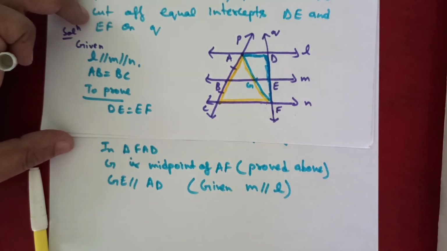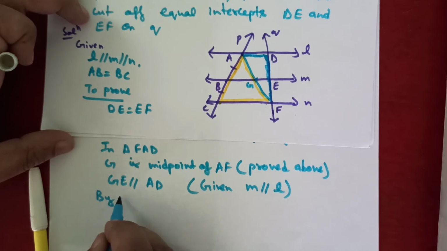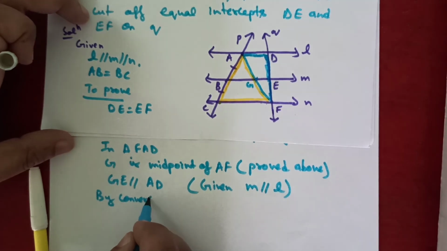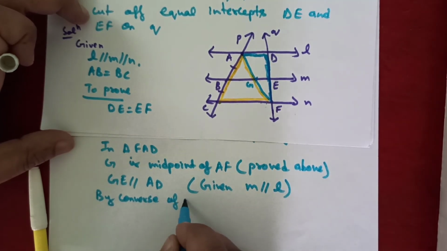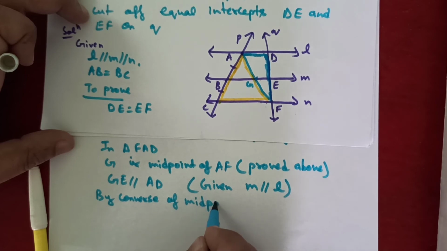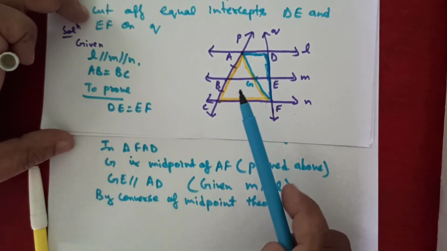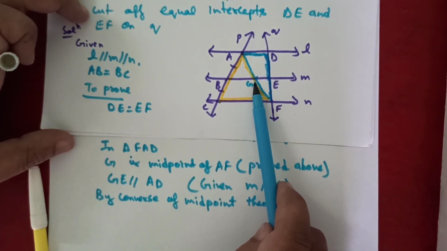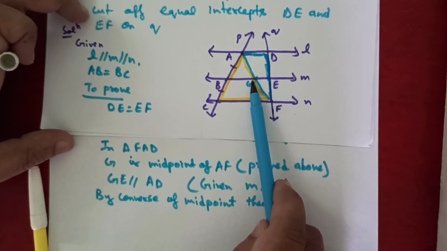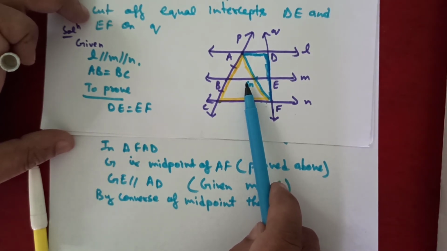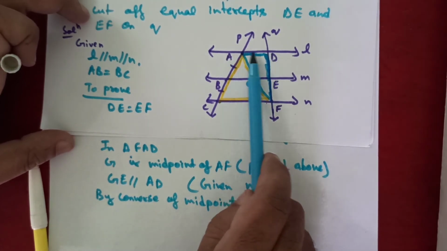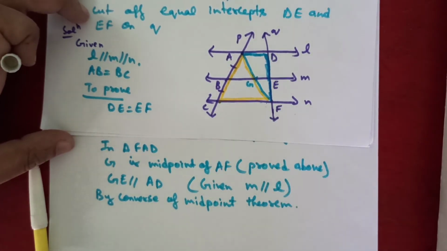So again, by converse of midpoint theorem, we can say that if G is the midpoint of AF, a line is drawn from the midpoint of line segment AF of triangle AFD parallel to the second side AD, it will bisect the third side.